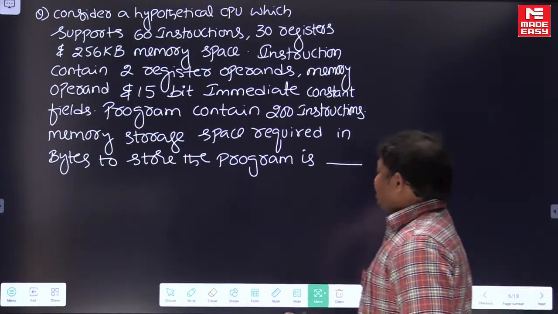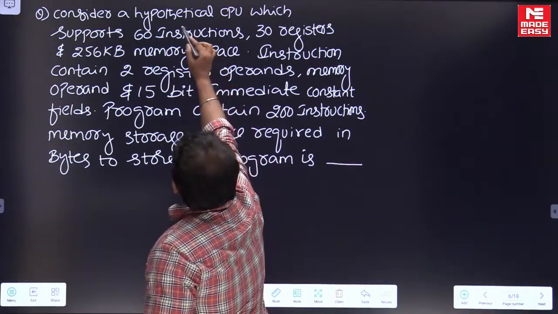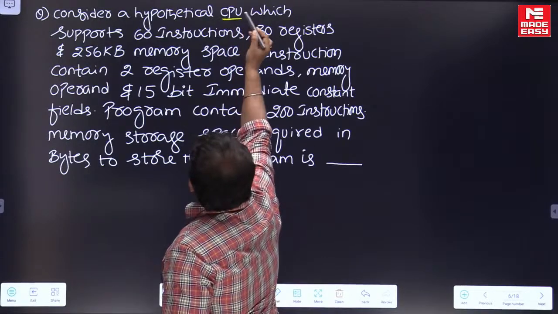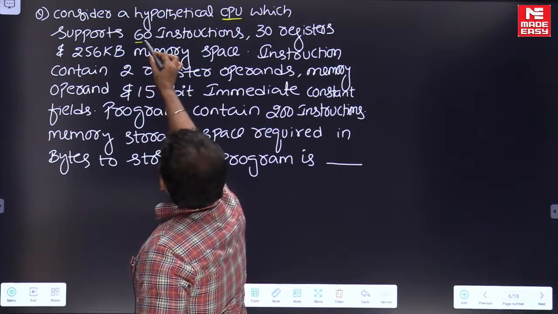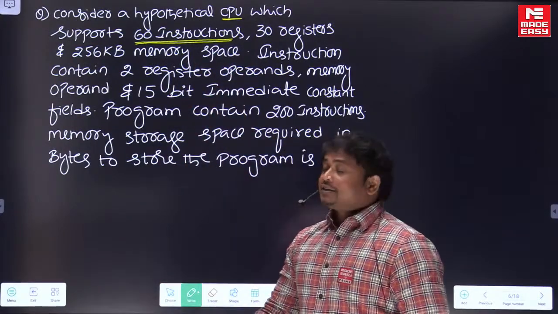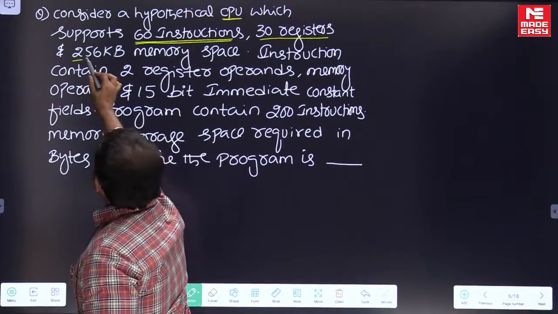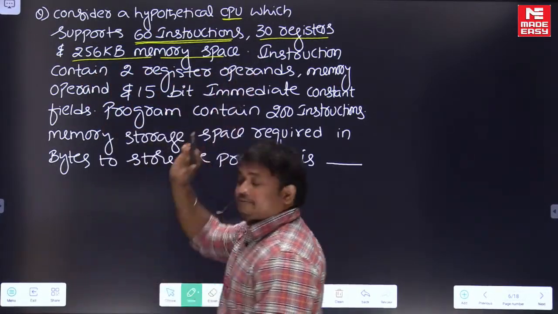Consider a hypothetical CPU. I am just reading the question. Analyze this. Consider a hypothetical CPU which supports 60 instructions. Total 60 instructions are there. 30 registers are there. And 256 KB memory space is there.